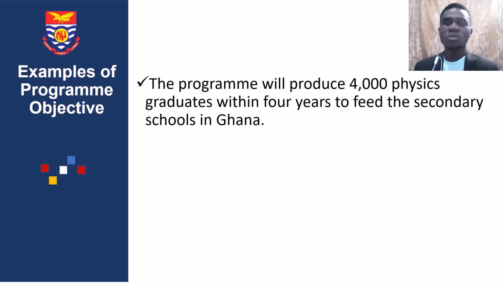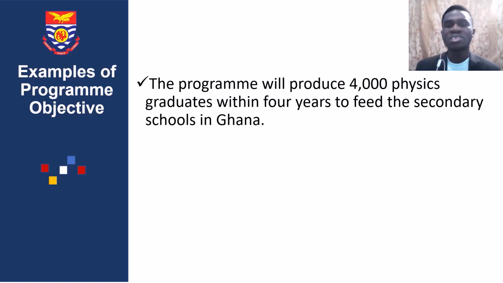The program will produce 4,000 physics graduates within 4 years to feed the secondary schools in Ghana. Looking at this objective, a goal can be to develop a program to produce teachers to feed senior high schools in the Cape Coast municipality or in Ghana.